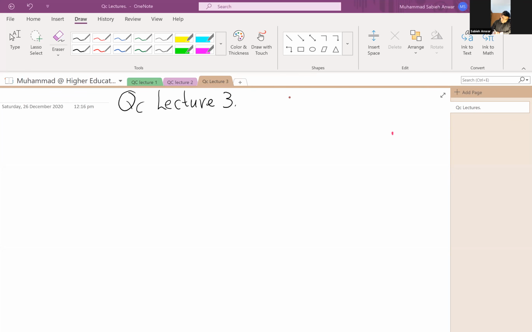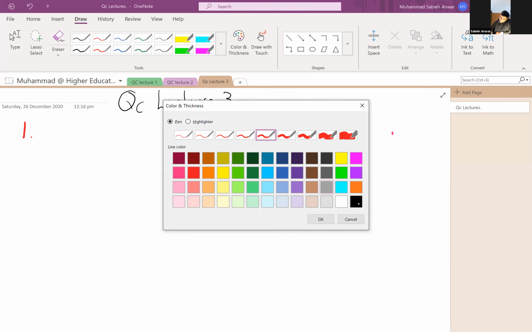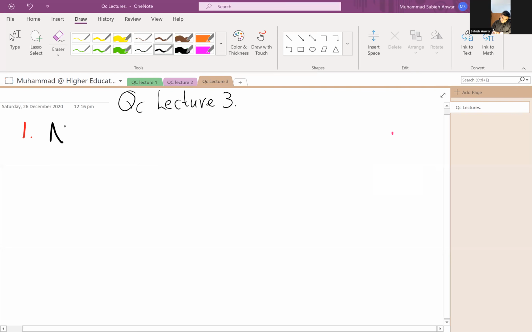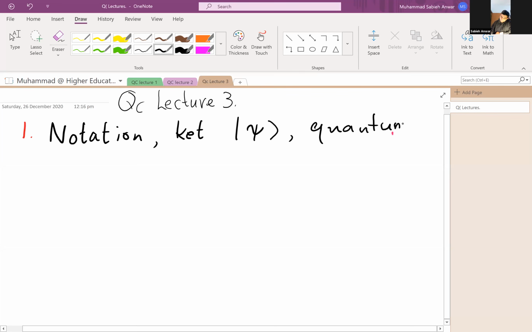We've talked in the first lecture about notation. We've introduced the concept of Gates. We've looked at quantum states. And we've also talked a little bit about superpositions.